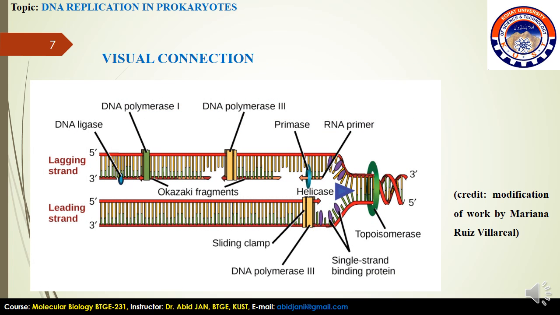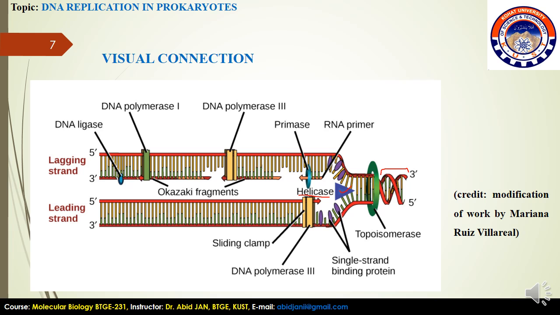Visual connection. A replication fork is formed when helicase, this enzyme, separates the DNA strand at the origin of replication. The DNA tends to become more highly coiled ahead of the replication fork.